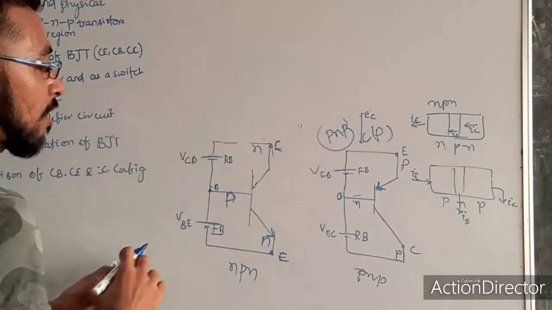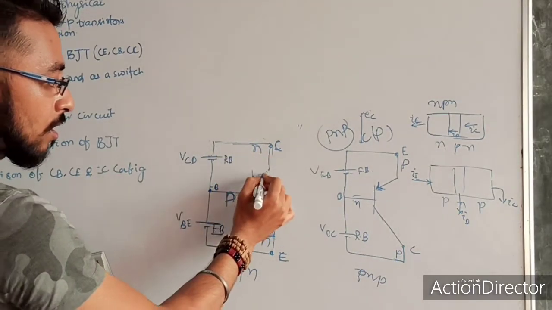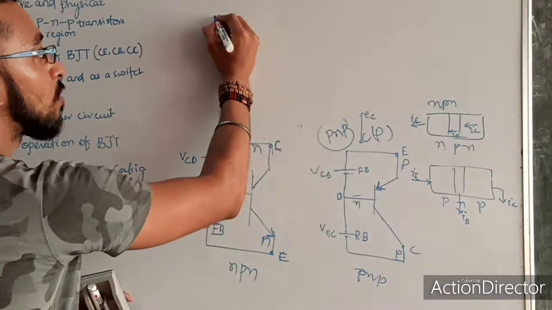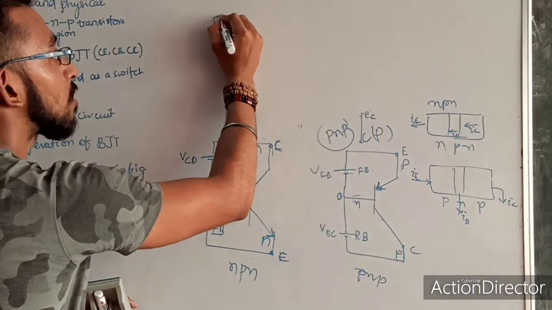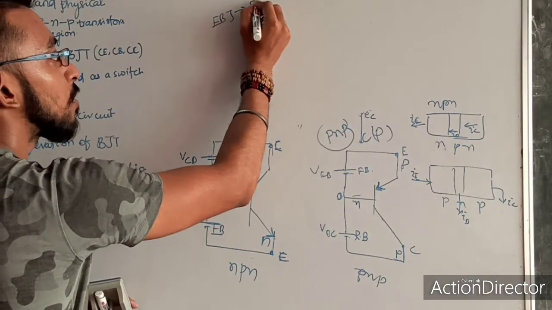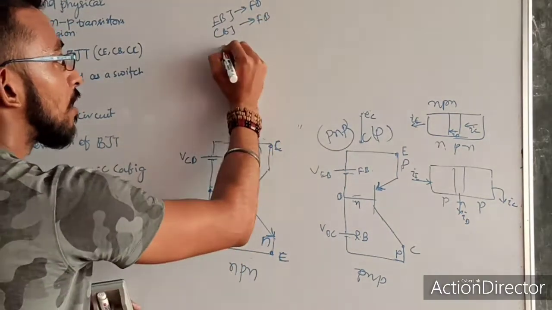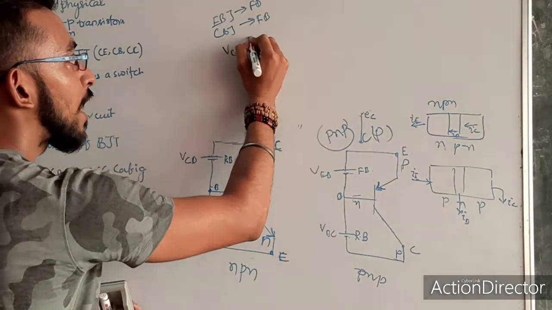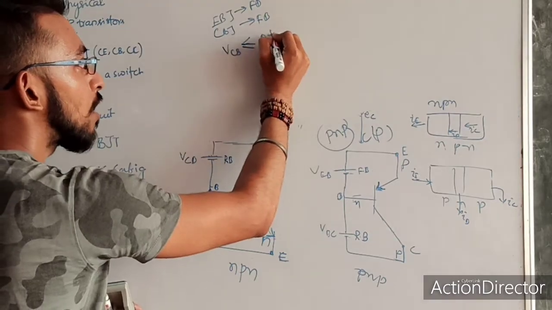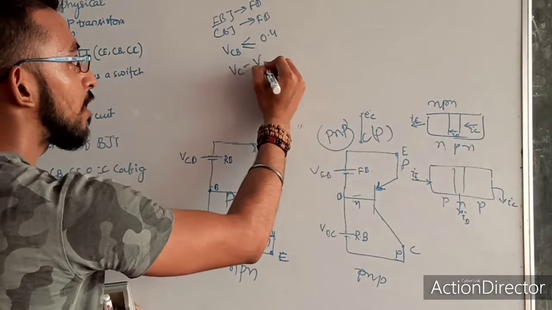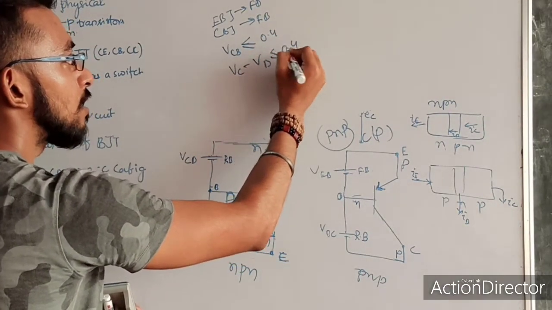So when this NPN transistor is in saturation mode, my emitter base junction should be in forward bias, and the collector base junction should also be in forward bias, but my VCB value should be less than or equal to minus 0.4, meaning VC minus VB should be less than or equal to minus 0.4.